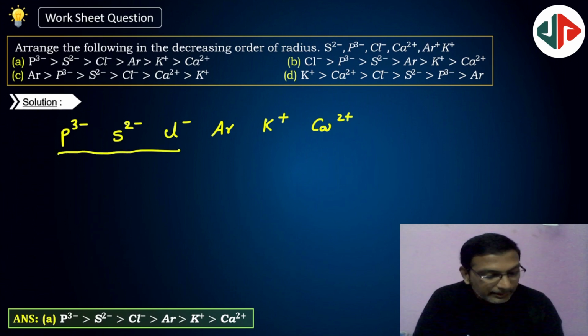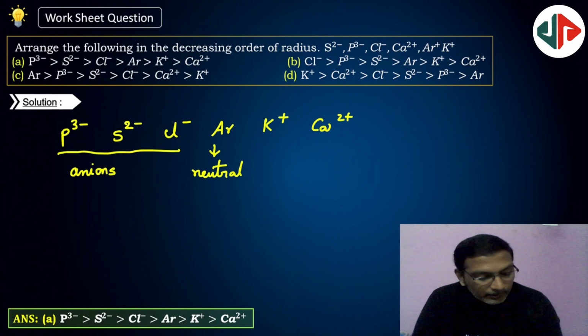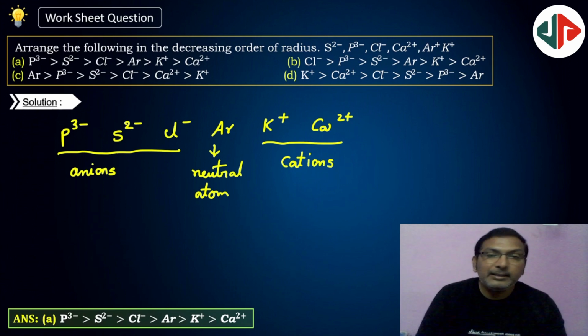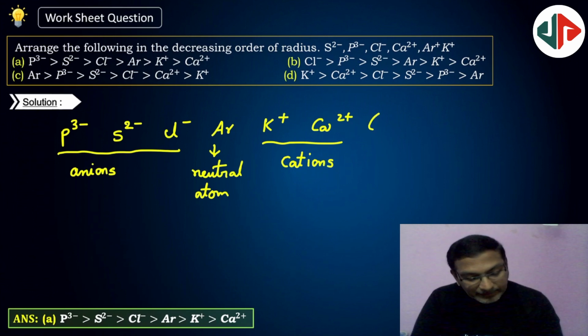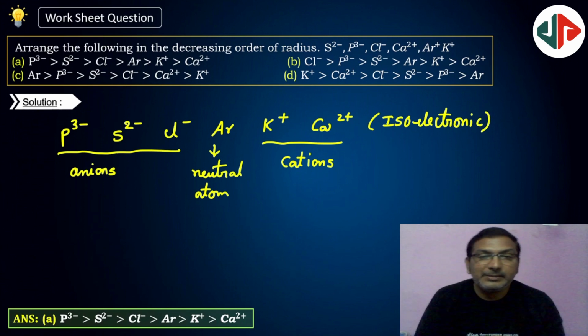So these are anions, and this one neutral atom, and remaining two are cations. All these are isoelectronic species again. Isoelectronic species.